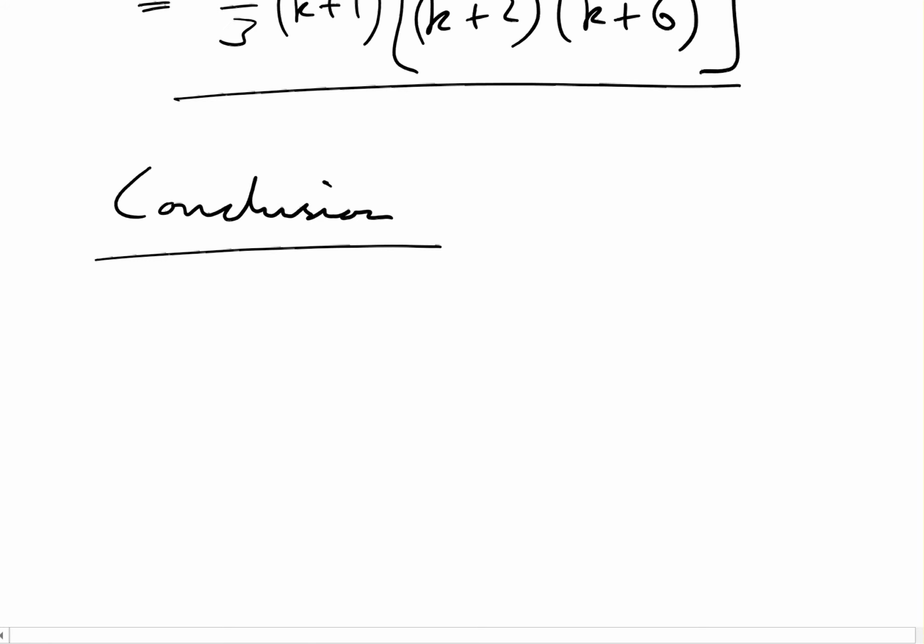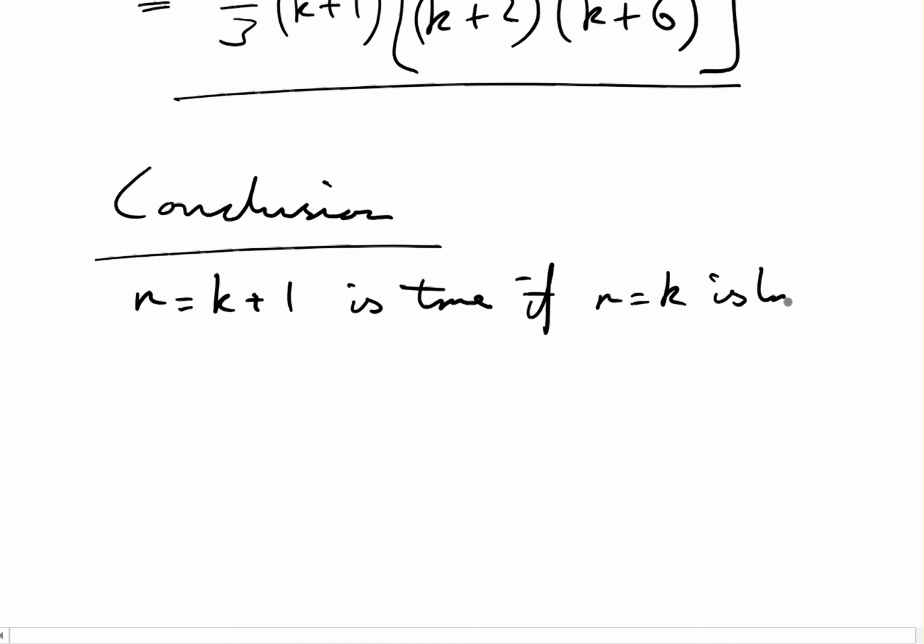N equals k plus 1 is true if, and if being the crucial word, n equals k is true. So n equals k plus 1 depends on n equals k being true. Okay, if n equals k is true, then n equals k plus 1 is true. Okay, and I've shown that n equals 1 is true, that's my base case. I've shown that works.